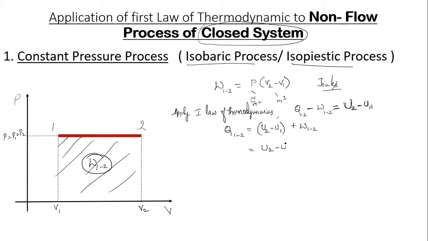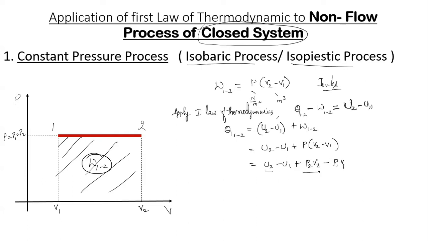In U2 minus U1 plus W1 to 2, W1 to 2 is P (V2 minus V1). It will multiply. When I multiply here, it will multiply with the P2 and V2. And when I multiply with the second, it will multiply with the P1.